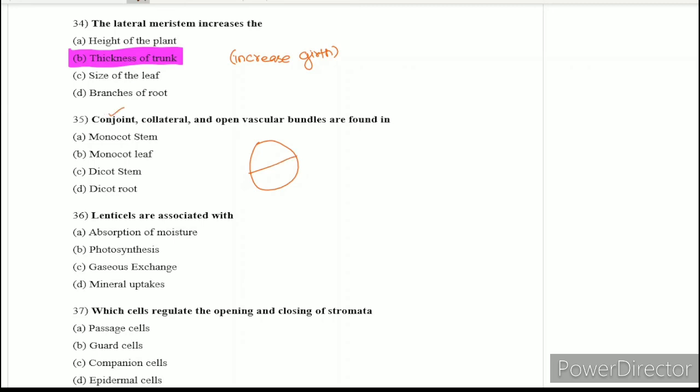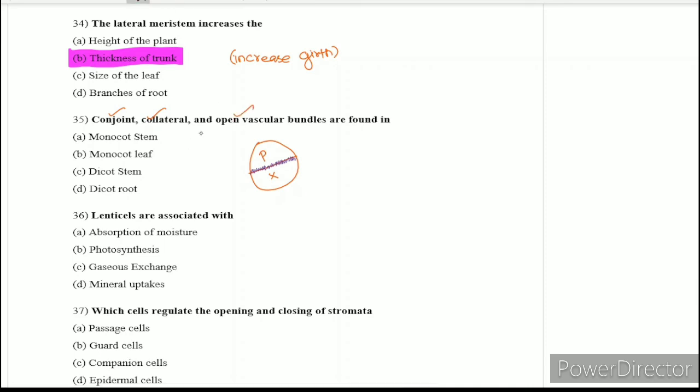Collateral means xylem is present inside and phloem on the outer side. And open vascular bundle means it has vascular cambium; the vascular cambial strips are present. This is called an open vascular bundle.